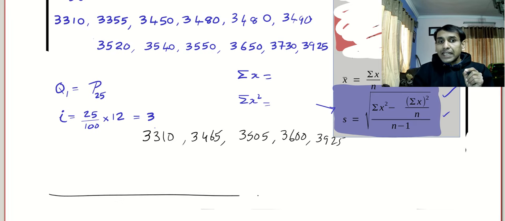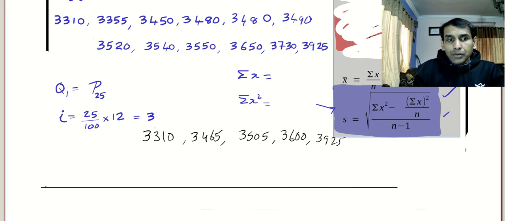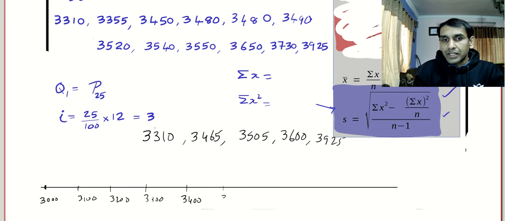Now you can make a scale. Scale means it's just a straight line. I'm going to make a scale myself. I'll put 3000, 3100, 3200, 3300, 3400, 3500, 3600, 3700, 3800, 3900, 4000.